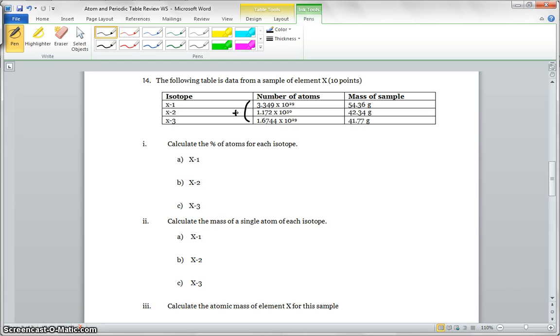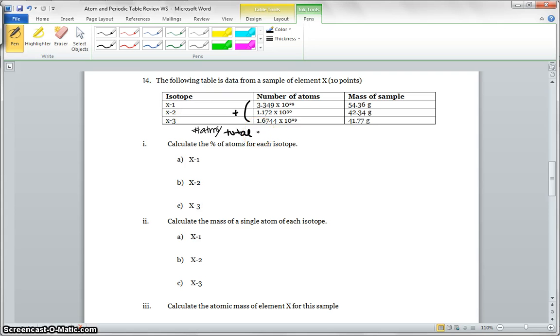We're going to add each one of those numbers together, so we'll have the total, and we'll actually have to end up dividing the number of atoms by the total.